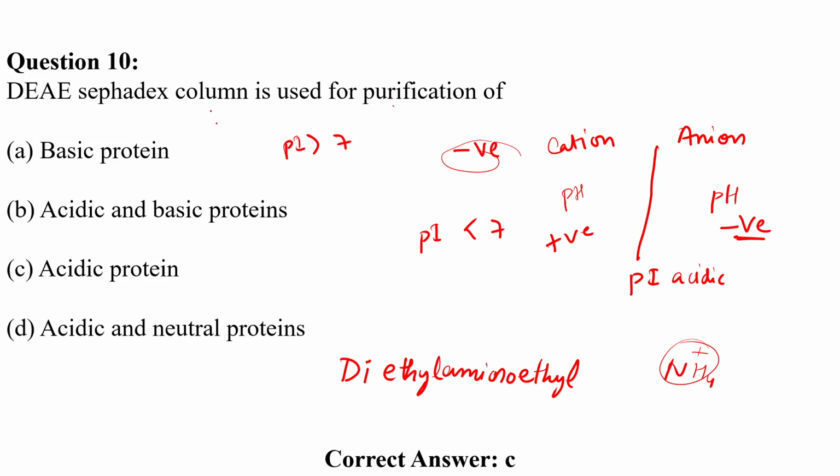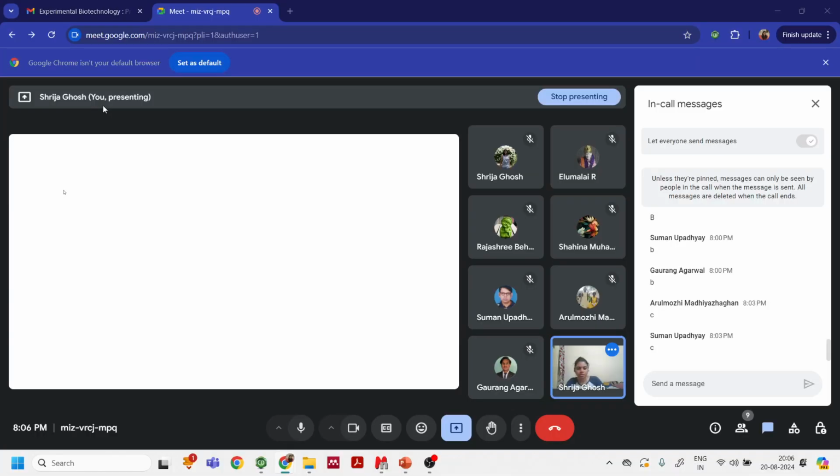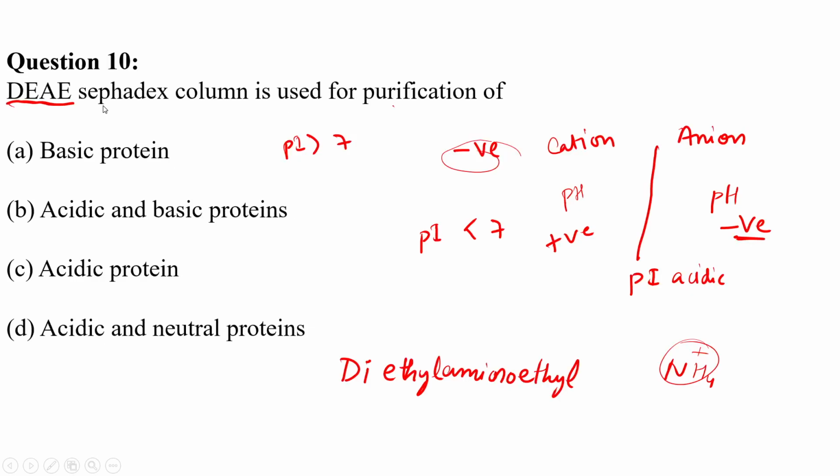You can Google the structure of diethylaminoethyl, you will understand there is a positive charge on that matrix, and that positive charge binds to a negatively charged protein. So acidic proteins are generally negatively charged at a neutral pH, and basic proteins will have a positive charge at a neutral pH.